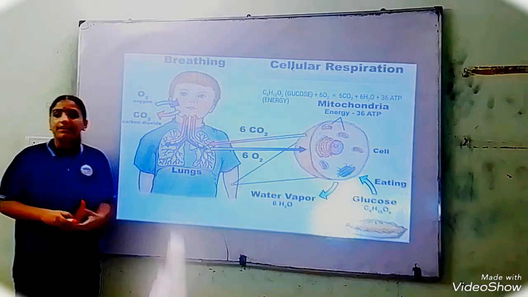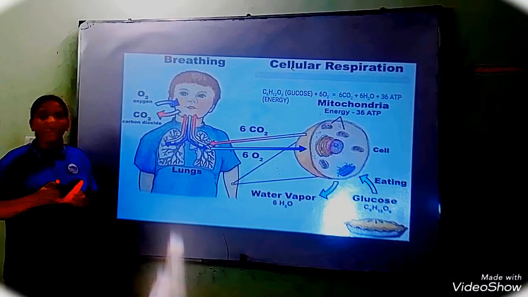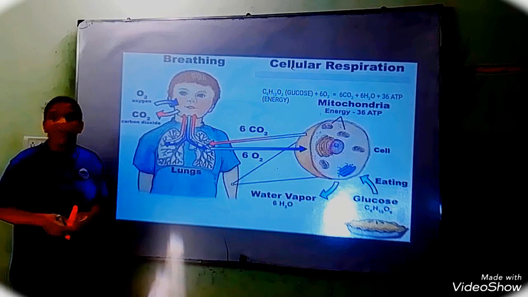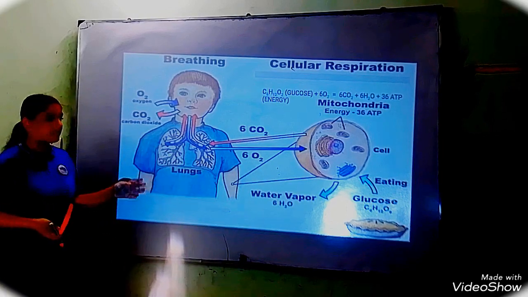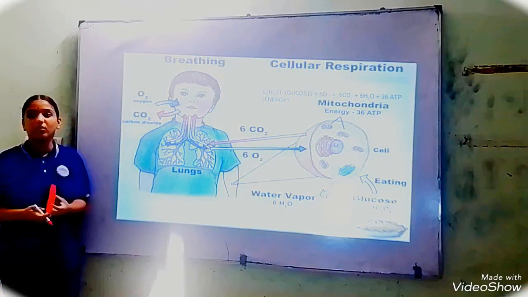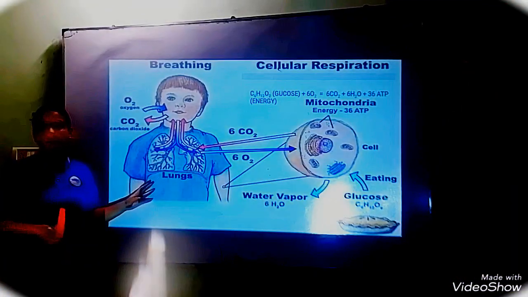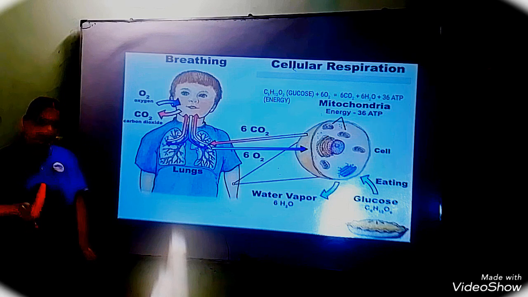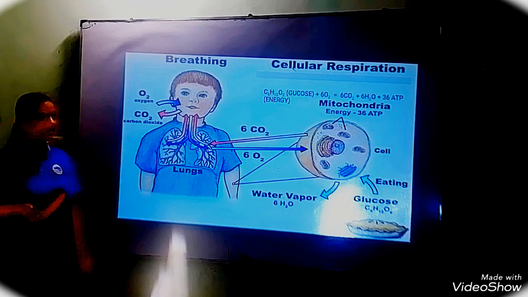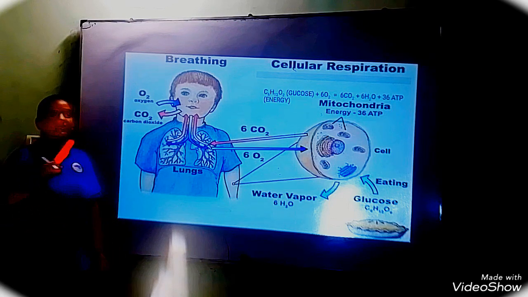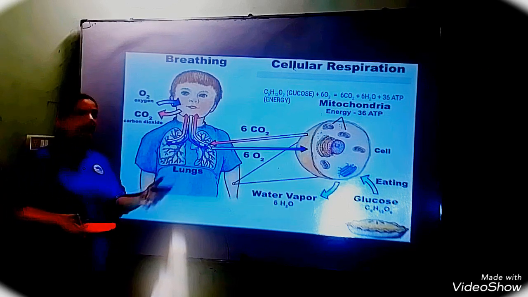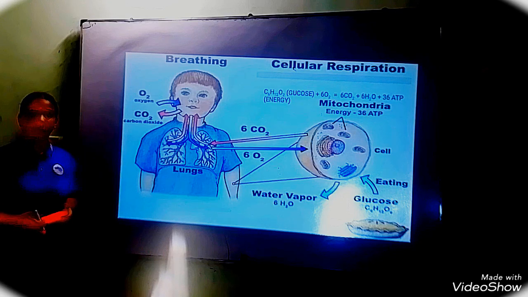Glucose from the food we take also reaches the mitochondria. In the mitochondria, glucose reacts with O2 and gives us carbon dioxide and water, and releases 36 ATP of energy. ATP is the unit of energy, which stands for adenosine triphosphate.